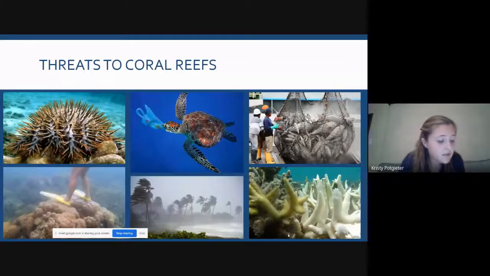Now, there are several animals that live on reefs that have actually adapted to feeding on coral. For example, the crown of thorns starfish in that left-hand picture there. If predation levels are too high in a specific area, the reef can be damaged quite a bit by that predation. Tourism is also a valuable industry for the economy of many tropical countries.